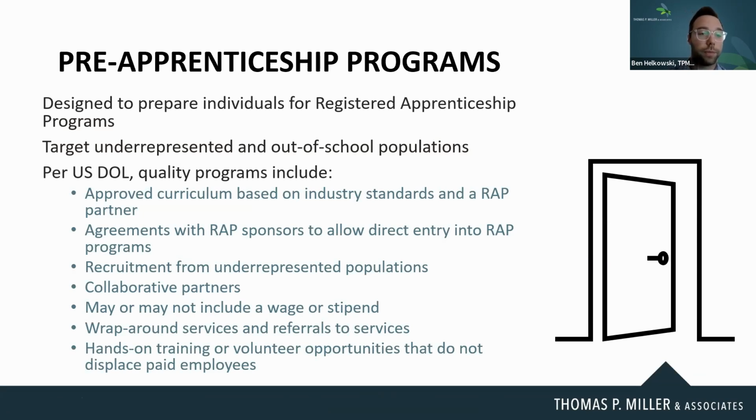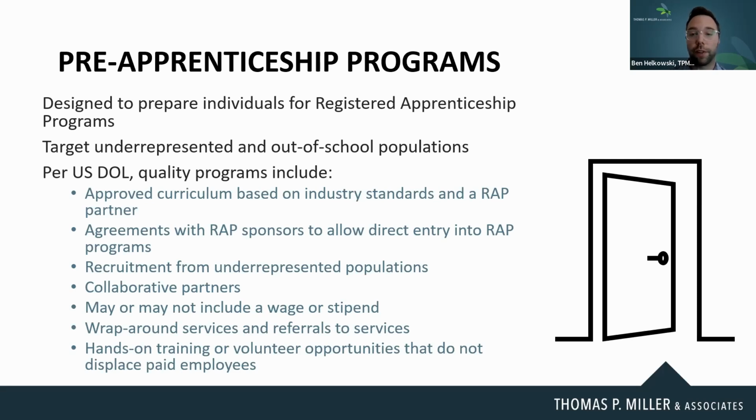So pre-apprenticeship programs are designed to prepare individuals for registered apprenticeship programs. They generally target underrepresented or out-of-school populations, meaning they are generally targeted towards adults, but they could also be composed of adults looking to make career transitions.